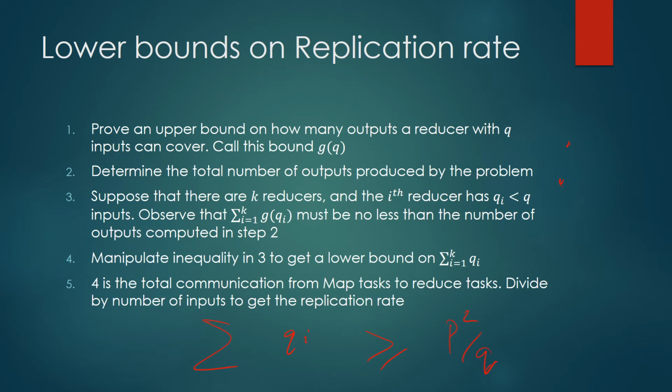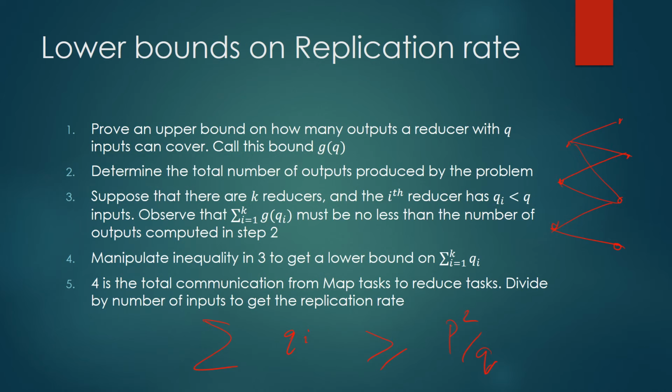If you remember the graph that I drew initially, the number of edges incident on the reducers is the same as those that originate from each of the map tasks. So the communication between the mappers and the reducers is this.